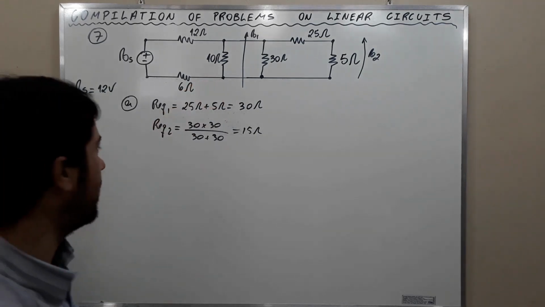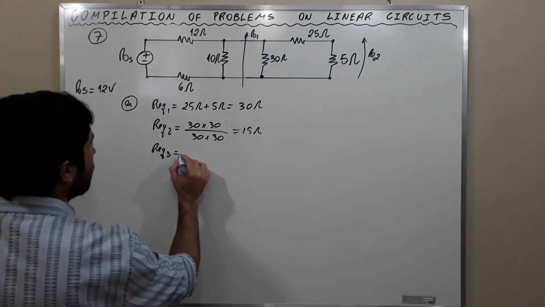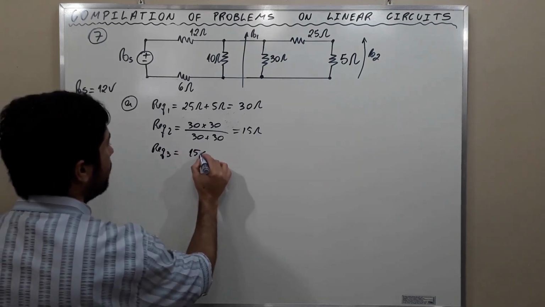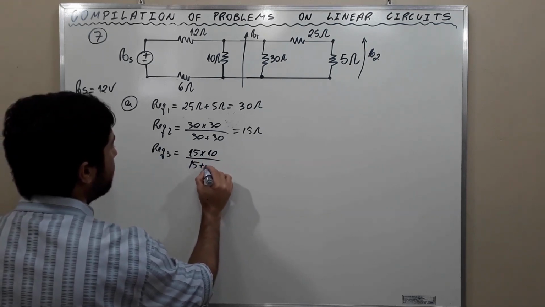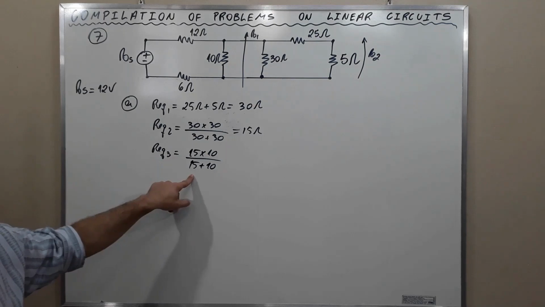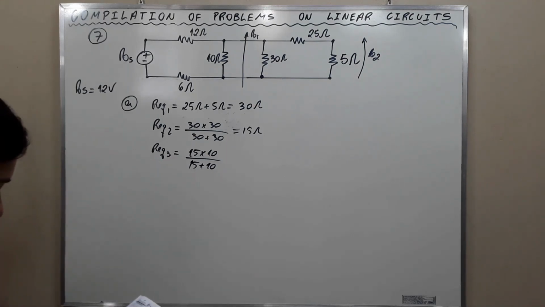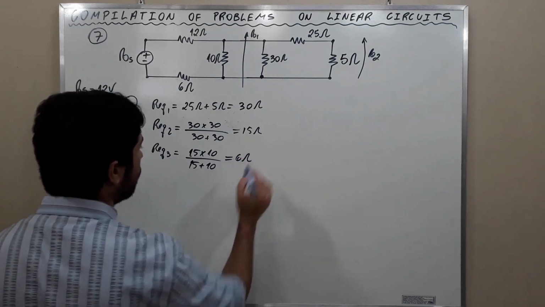We are going to combine then 15 times 10 divided by 15 plus 10, okay? When combining resistances in parallel, we use the product over the sum. And we find a value of 6 ohms.